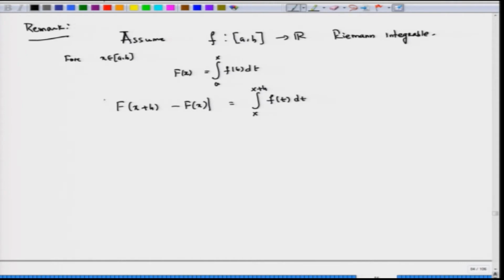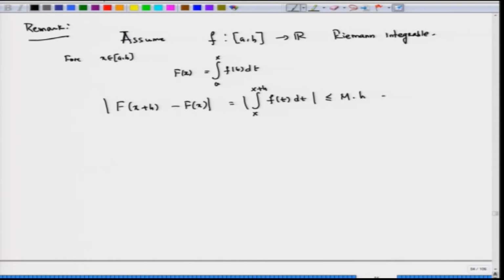Now, if I take the modulus, then by the previous properties of Riemann integration that we have done, I can put the mod inside, because f is Riemann integrable means we are talking about a bounded function. Therefore, this is less than or equal to some M times b minus a, here b minus a is h.